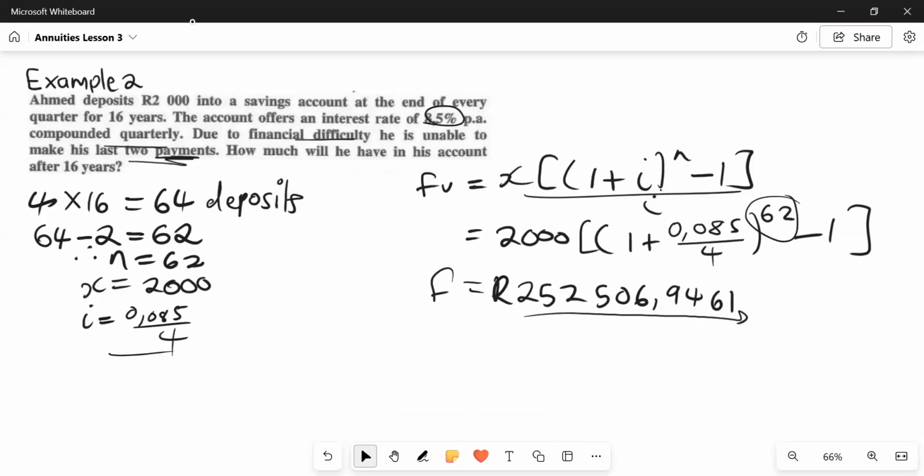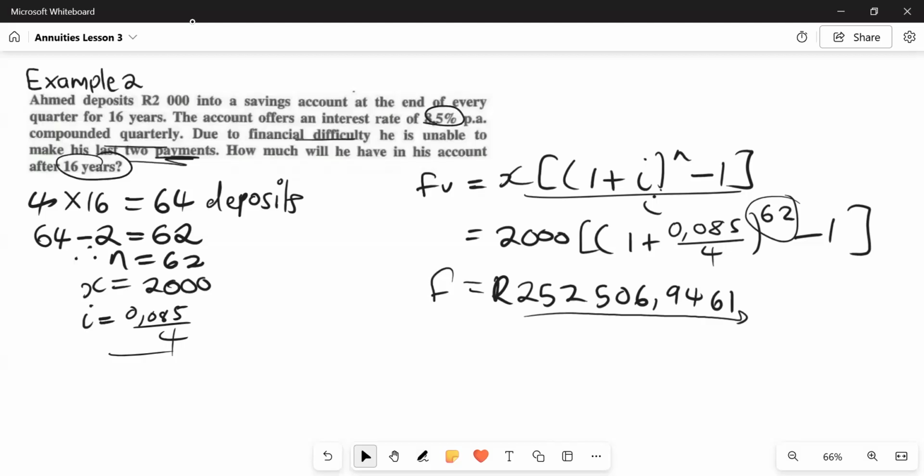But now, remember, if the person doesn't pay, it doesn't mean that this will not accumulate any interest. It doesn't mean that it will not accumulate any interest, right?